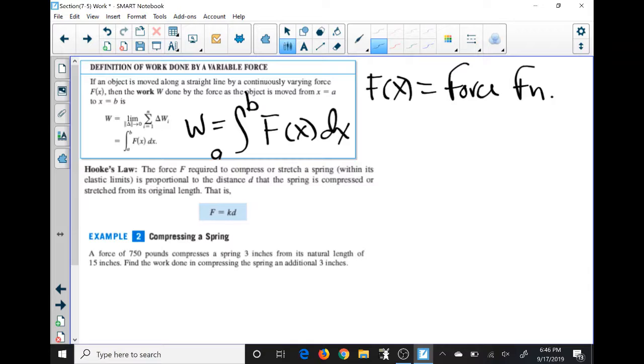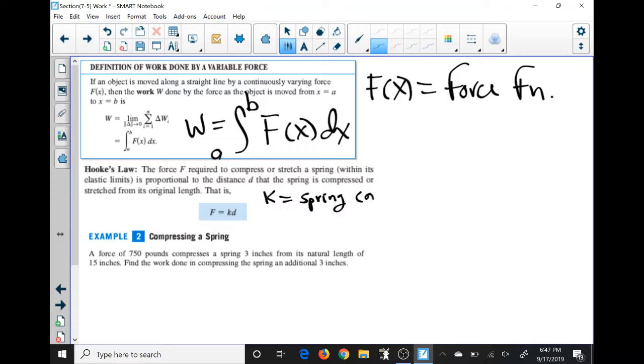And if we read Hooke's law, we see that the force F required to compress or stretch a spring within its elastic limits is proportional to the distance d that the spring is compressed or stretched from its original length. And that is to say that F is equal to K times D. And in this, we say that K is the spring constant.